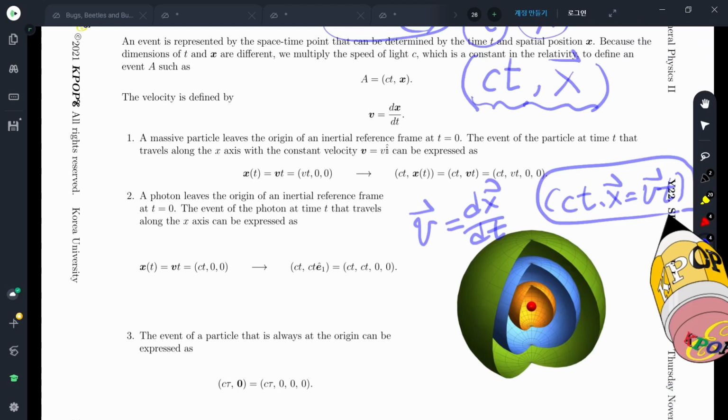What happens to a photon? Photon is a kind of electromagnetic field, the quantum of the electromagnetic field, and it is always traveling with the speed of light.